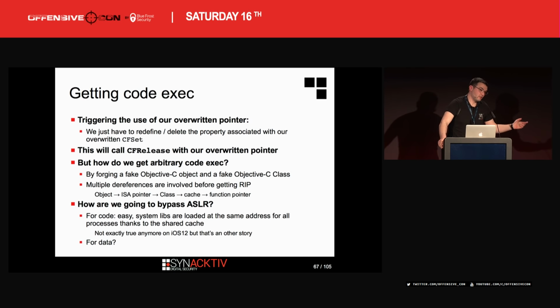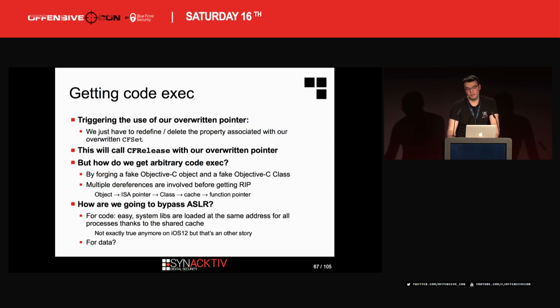Because you have your object that you dereference to get the ISA pointer, that you dereference to get the Objective-C class object. Then you've got a cache pointer that you dereference to get the function pointer. So there are a lot of different dereferences involved. So you need to bypass the ASLR to forge your fake object.